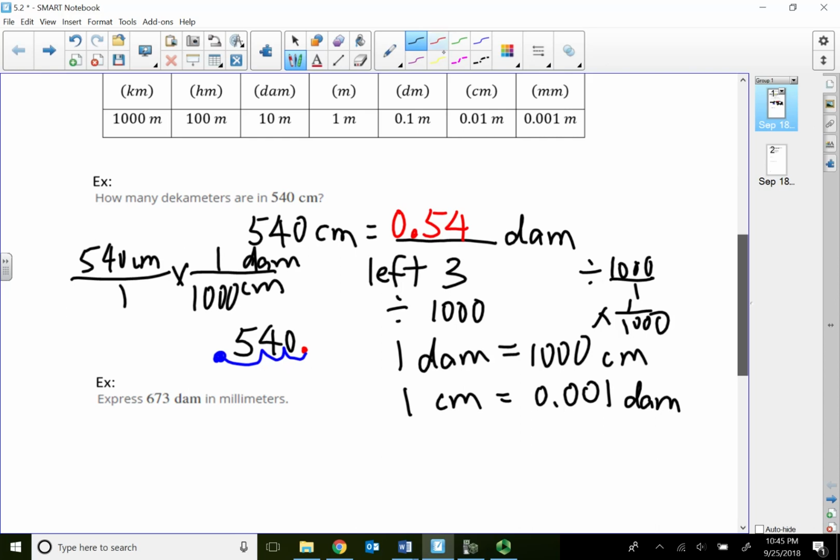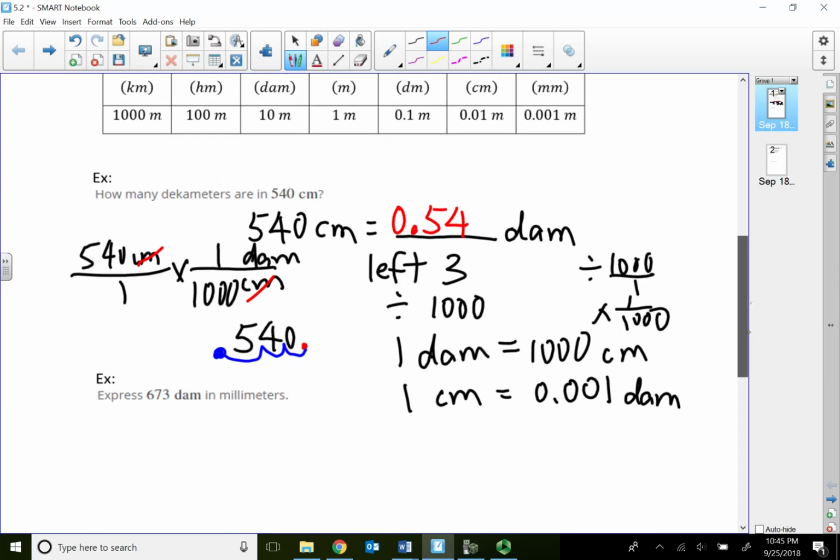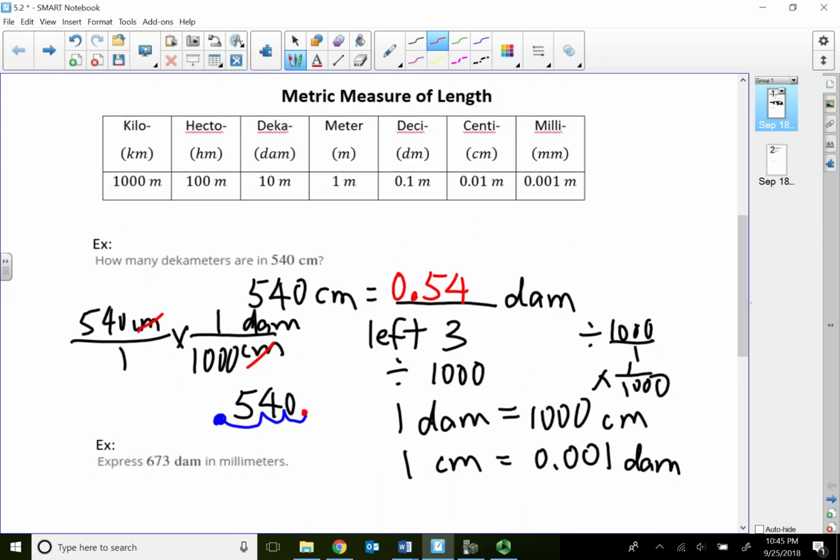Now all we have to do is cancel out the centimeter. 540 times 1 is 540, divided by 1,000, the same thing as what we just did. If I know to put 1 over 1,000, that means I know to move my decimal to the left 3 places, or divide by 1,000. So why do all this when we can simply move the decimal? The quickest way to convert metric to metric is moving decimals.